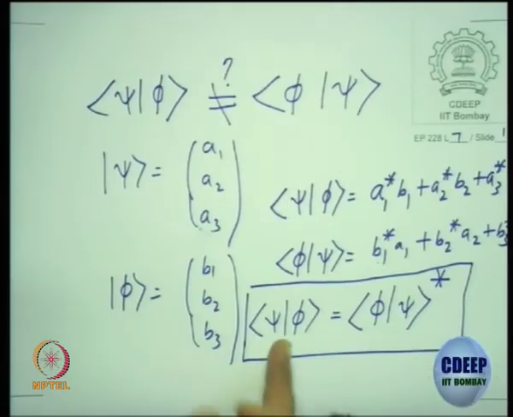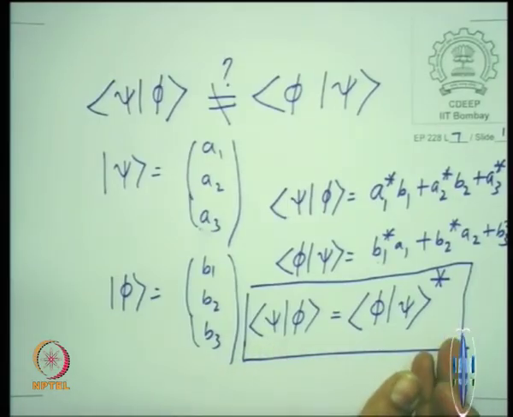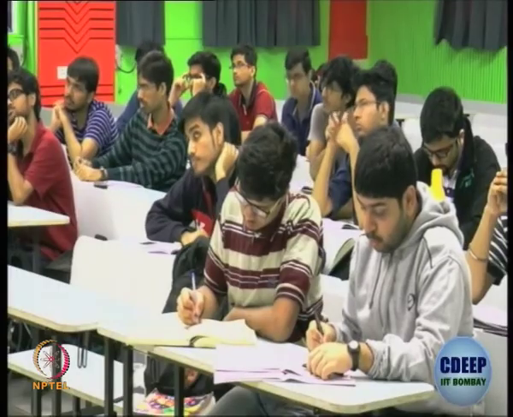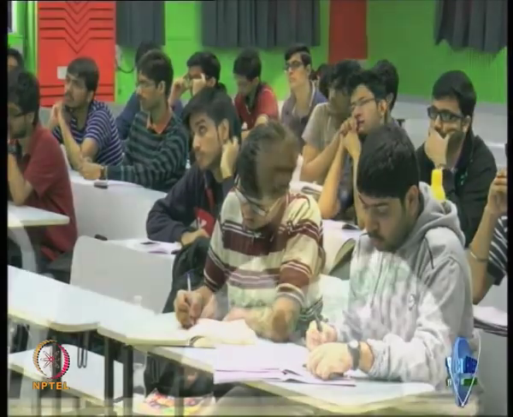If it is real, left hand side is real, right hand side is real, complex conjugation is not required. But in general the vector space could have complex entries, and you need to make sure that the inner product of any two vectors, if you interchange the dual vector and the vector, will be the complex conjugate. So please get used to this notation. That's why I am spending some time, so that you are familiar with this notation, and then you will see how powerful it is.